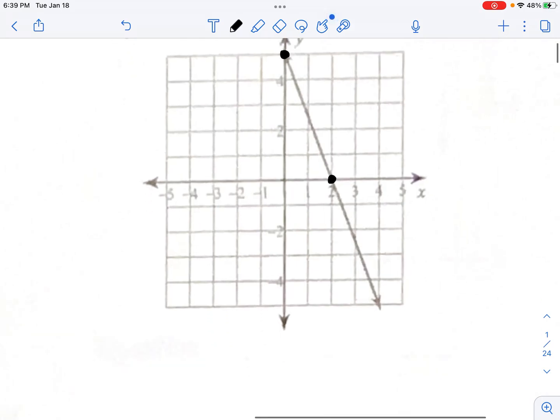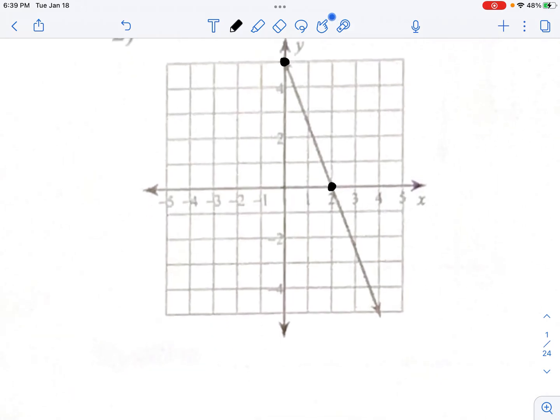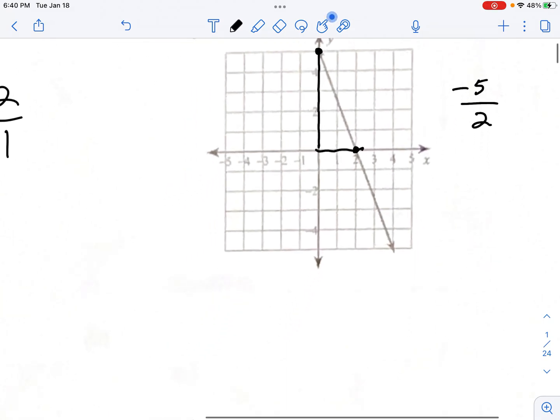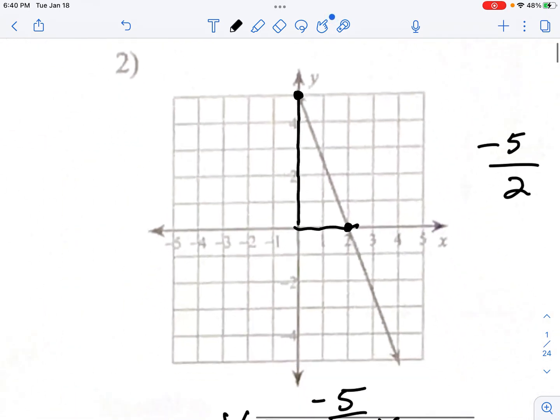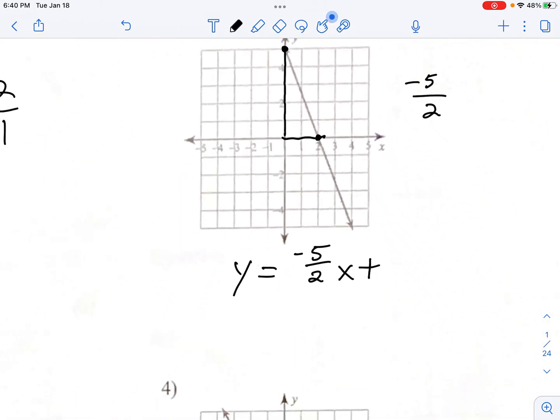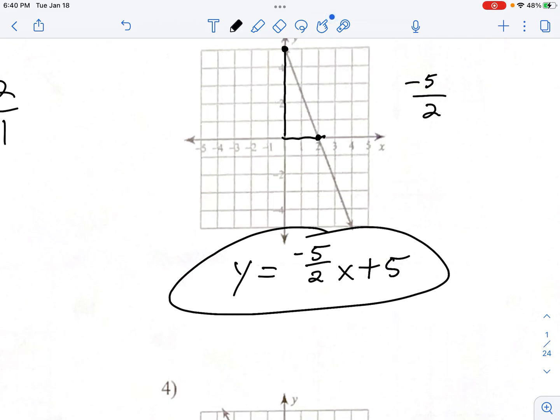So for the slope, you're going to go down 1, 2, 3, 4, 5, and since you're going down, that's negative. And then you're going to go right 2. So your slope is negative 5 over 2. So y equals negative 5 over 2x. Don't forget your x, because it's wrong if you forget the x. And then what's your y-intercept? Well, it's 5, so plus 5. And then that would be your answer.